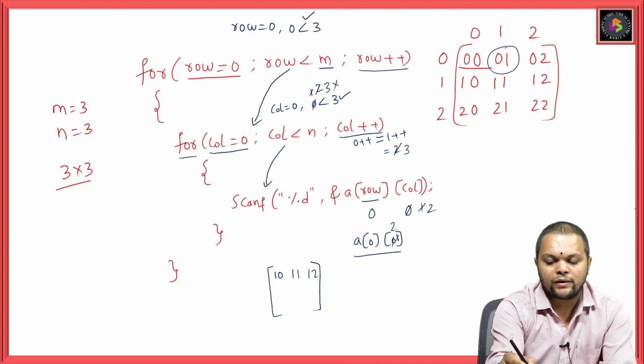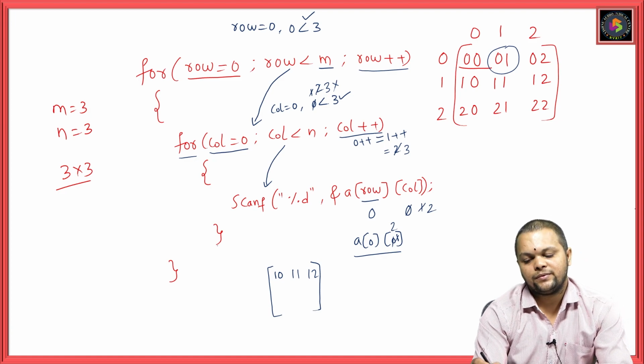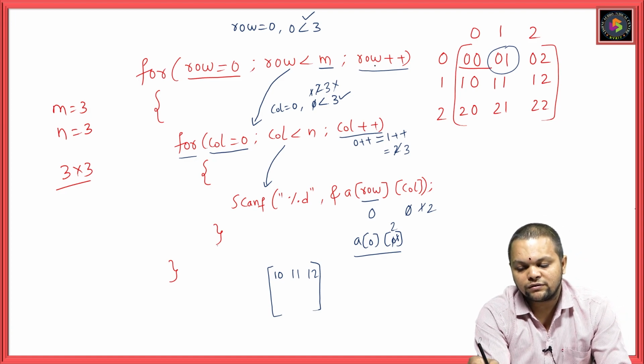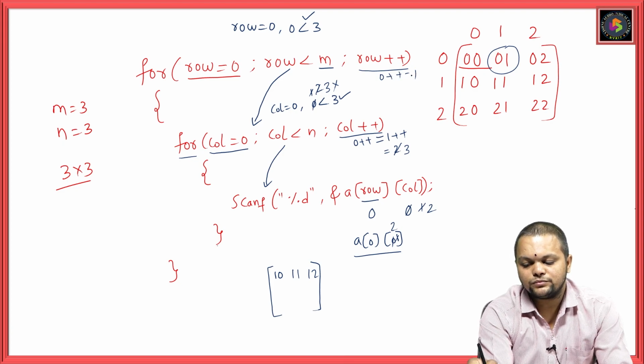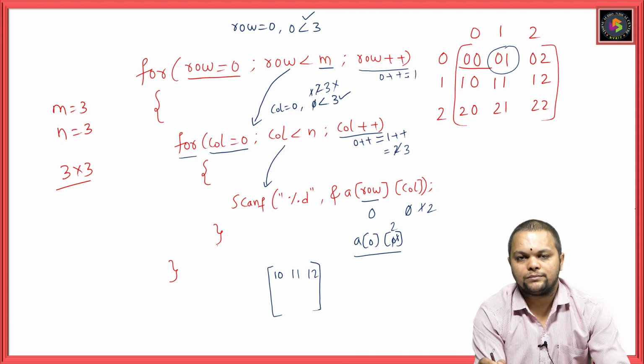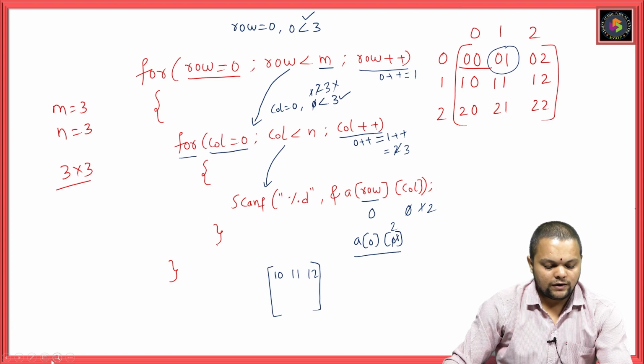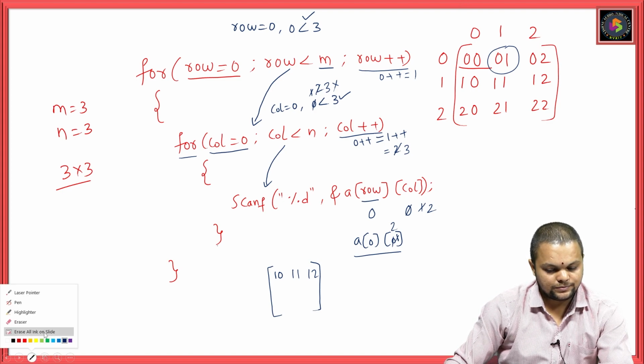Now in the outer for loop, row value is 0 previously. What we are doing here is modification of row, so 0 plus plus, this will become 1.